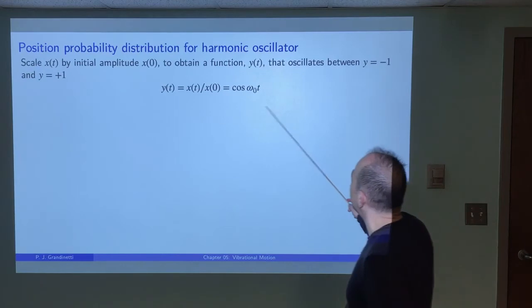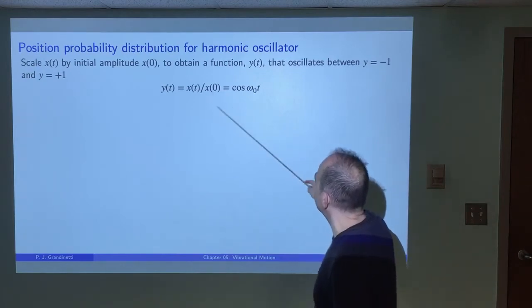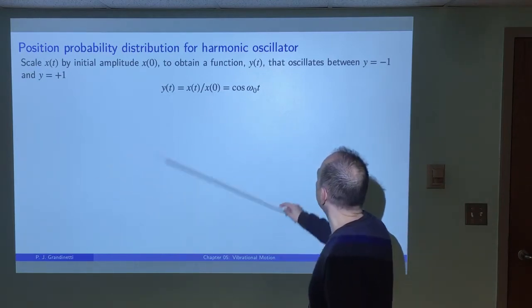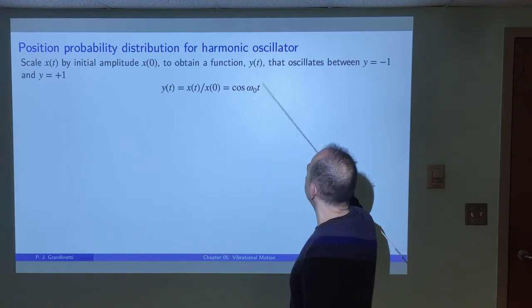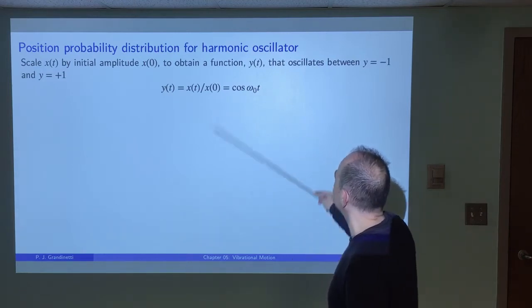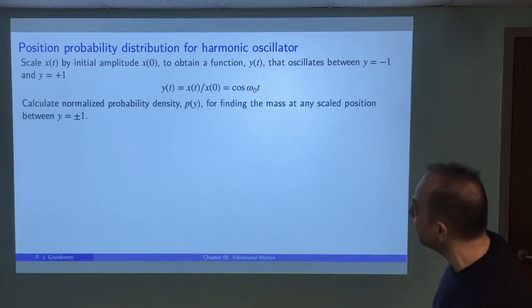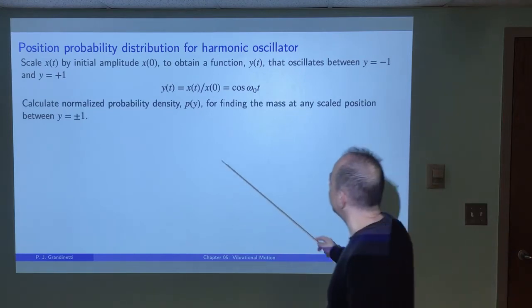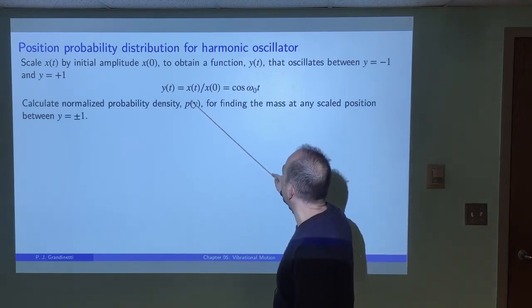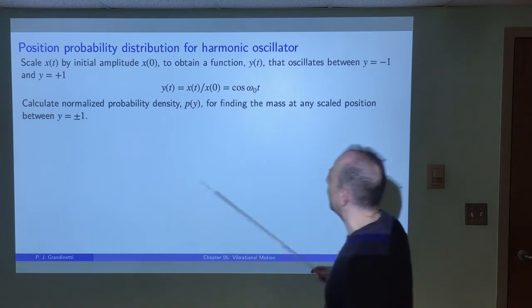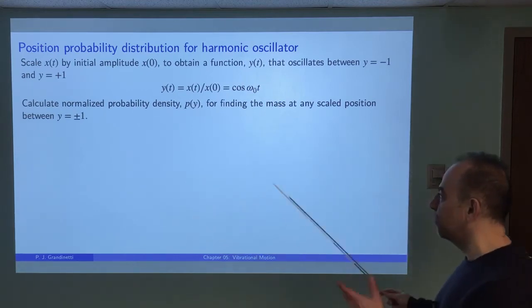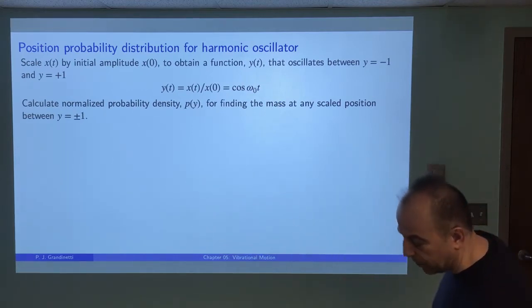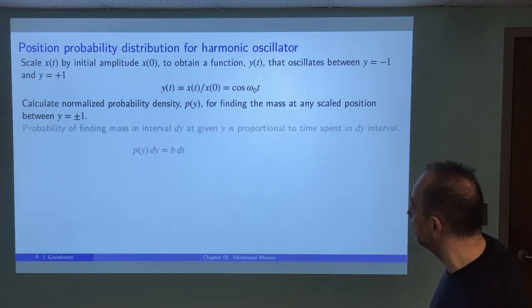So we'll start by just scaling by the initial amplitude. We have a function we'll call y, which is just the oscillation, cosine omega naught t. So that's a very simple function. And what we want to get is the probability that we have the ball at a particular scaled position y, which is now going to fall between -1 and 1.